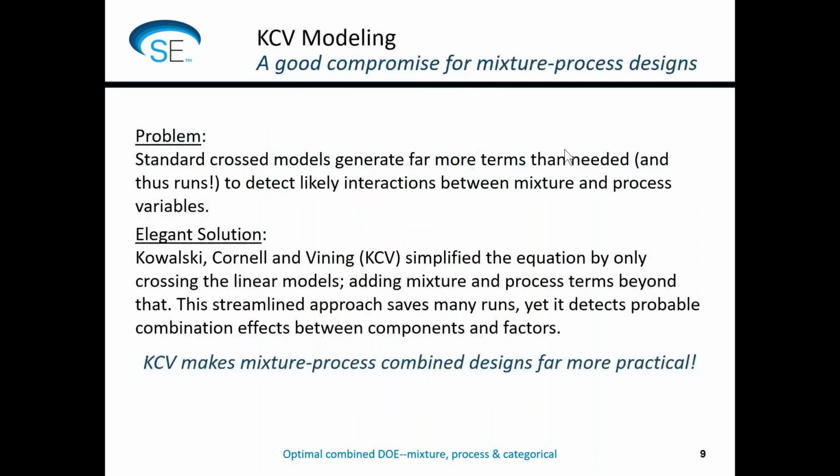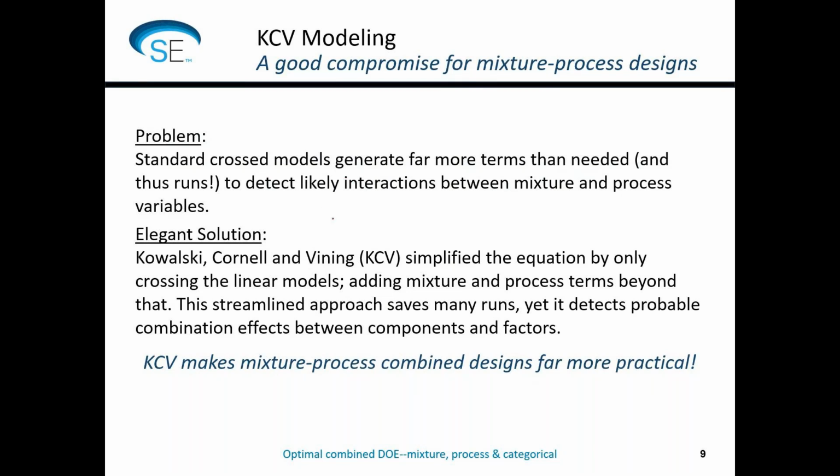All right, so let's talk about a good compromise for mixture process designs, and introduce this idea that was presented by Kowalski, Cornell, and Vining, which we call the KCV model. What we're going to do then is create a hybrid model that doesn't cross all of the terms, but only the linear model terms.